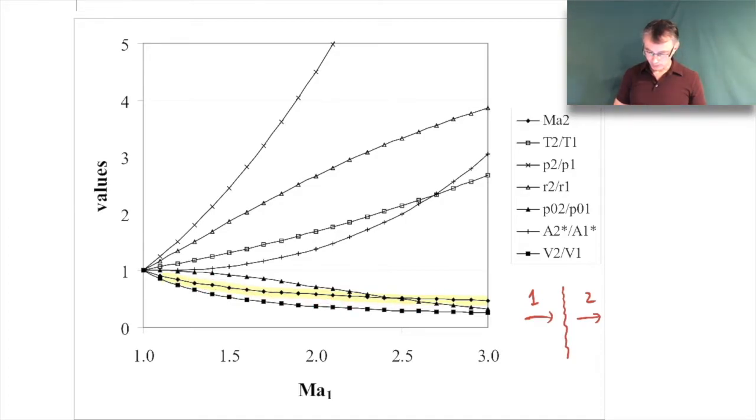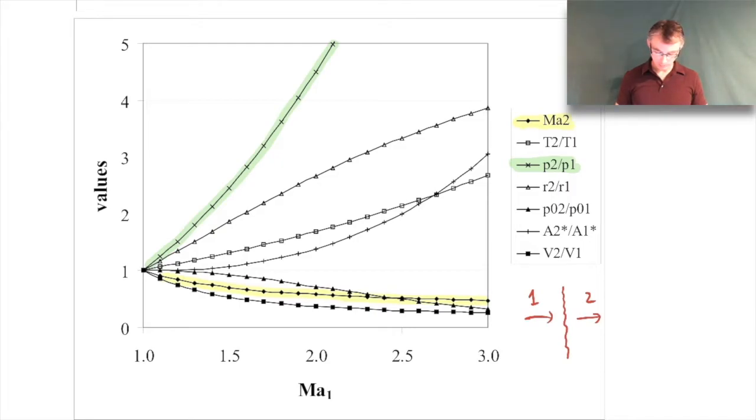Let's take a look at pressure next. Let me highlight that in green. The pressure are these little X's. There's the pressure ratio, P2 over P1. You can see here that the pressure across the shock wave can increase quite a bit, and it goes up a lot depending on the Mach number.